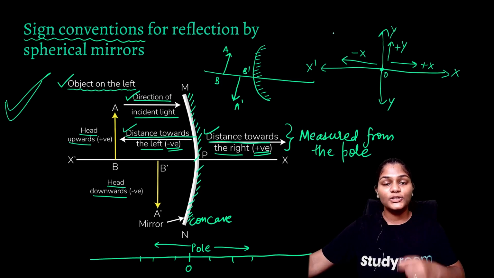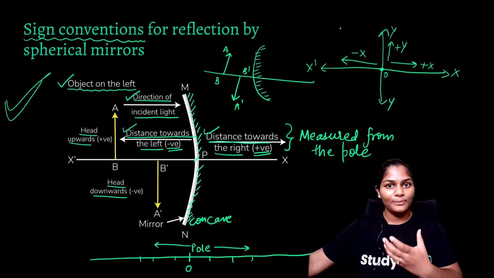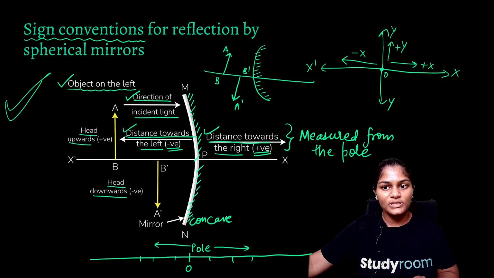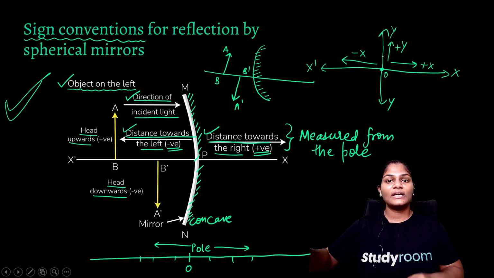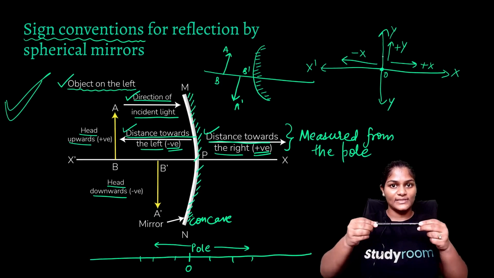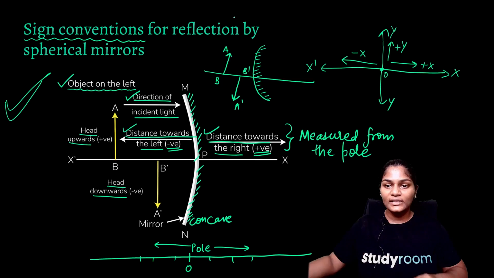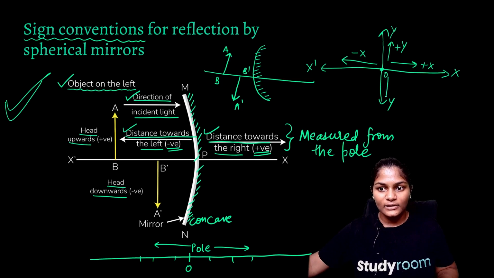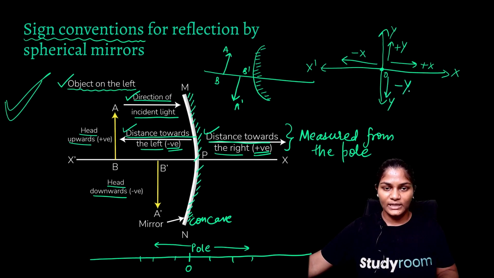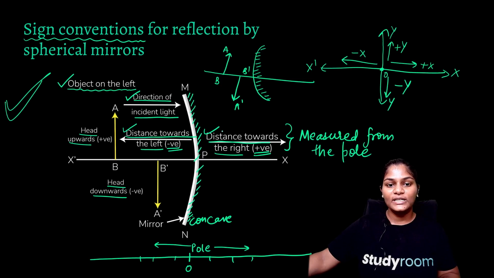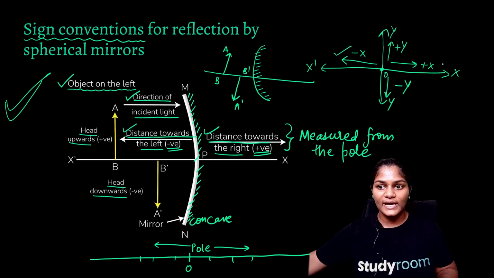Basically this is the common 0 point of the number lines, and the x number line lies like this, like a sleeping line, and the y number line lies like this, like a standing line. And like that, here all distances are in the negative direction. So this negative and positive x we've already covered here. The distances towards the right are positive and distances towards the left are negative. That we have covered in the x-axis.